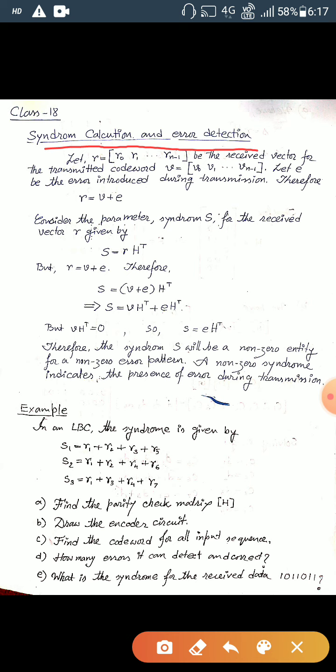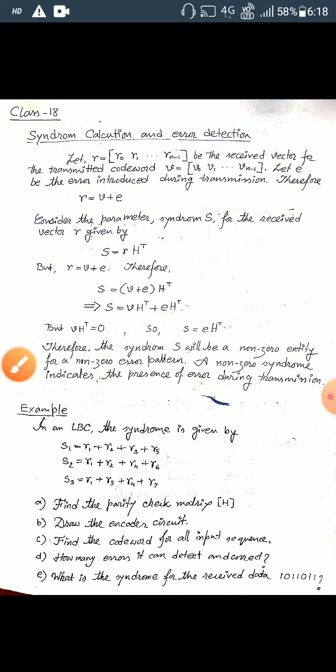Initially, we consider that the received signal comes in the form of R, and this is n-bit data. It may be of the form R0, R1, R2 up to Rn minus 1.